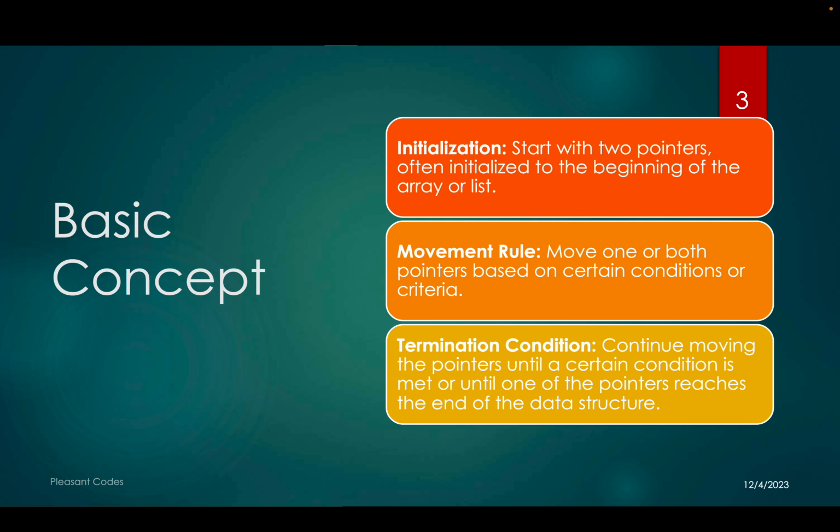The second one is the movement rule: how we're going to move one or both of the pointers based on certain conditions or criteria. And the third one is the termination condition. What is the termination condition?